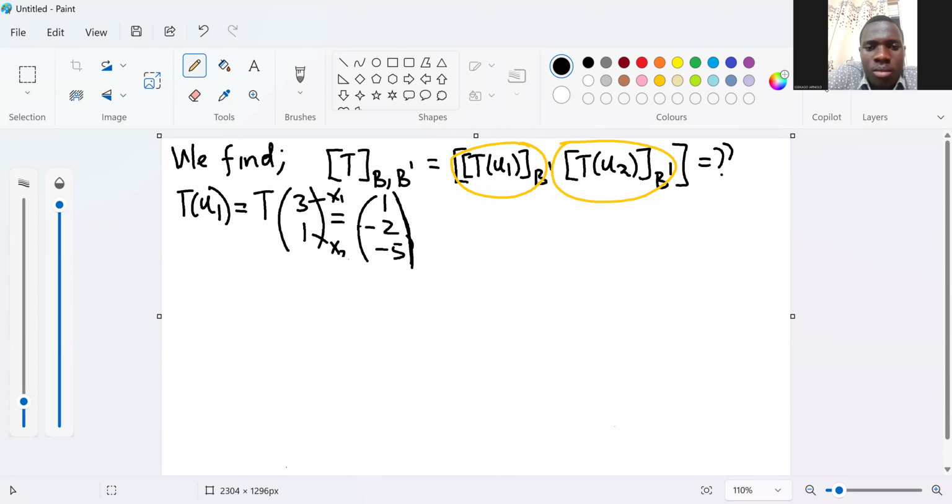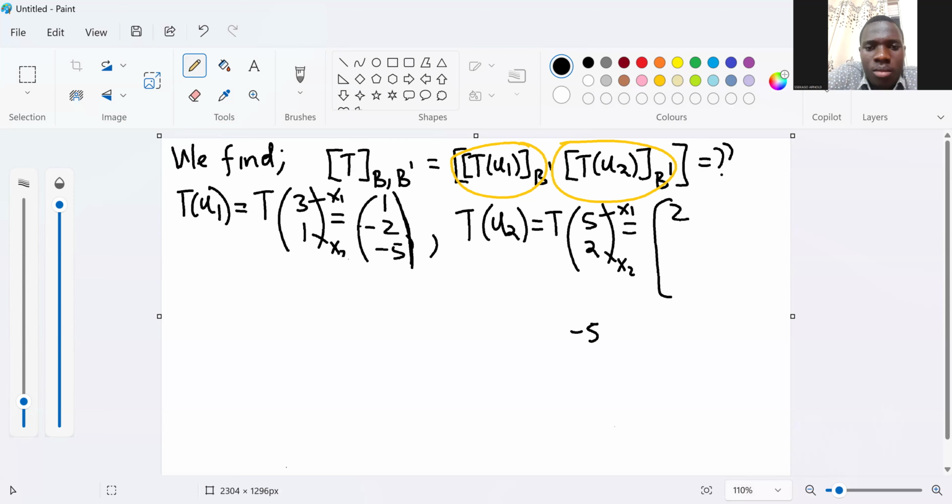So I applied the same formula in determining TU2. What is our U2? Our U2, according to the question, is (5, 2). So I applied that formula of the transformation. You start with x2 up, that is a 2. Then the second one is -5x1 + 13x2: -5 times x1, which is 5, plus 13 times 2.